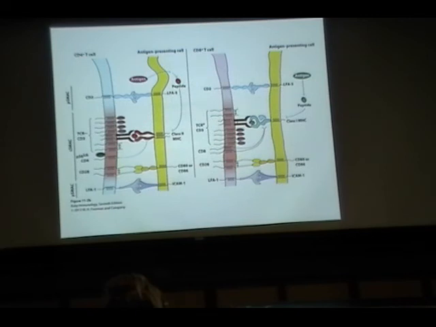Co-stimulation right here, so that we make sure that we tie T-cell activation to inflammation, so we don't get random T-cell activation when you're healthy, which is autoimmunity. A couple of adhesion molecules make sure that these cells don't fall apart.